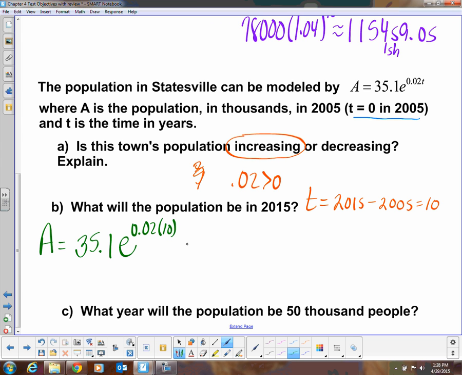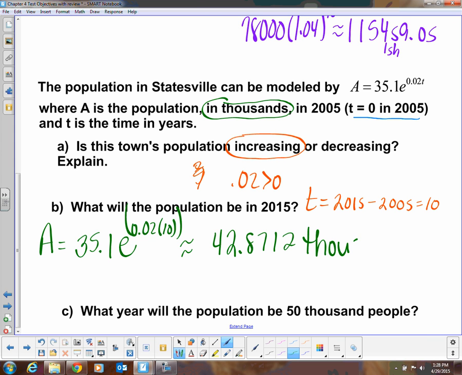What did you get here? Big freak out. What is it? 42.8712. Now, does that mean that the population is 42 people? What does this mean? 42.8712 thousand people.